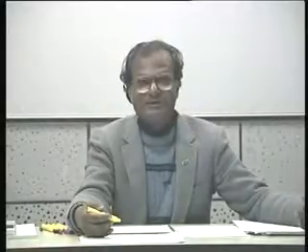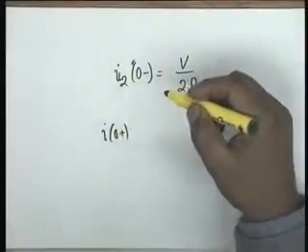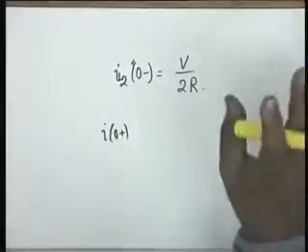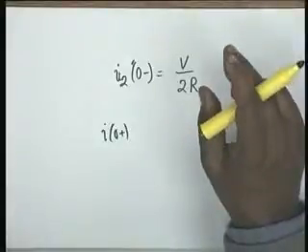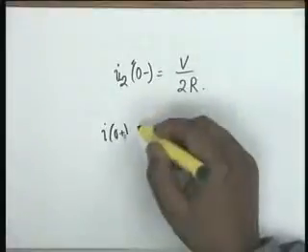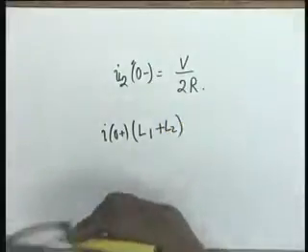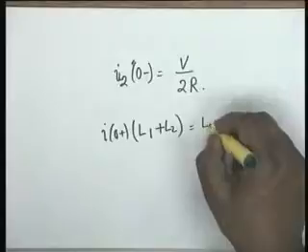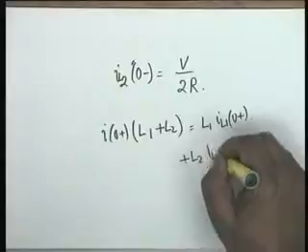Okay, so the condition, I have a few minutes now, I will allow you to solve the problem yourself, but the condition for finding I of 0 plus would be the principle which you have not utilized so far. What is that principle? Continuity of flux. Alright. Flux cannot be increased or decreased instantaneously, and therefore at 0 plus, I of 0 plus times (L1 plus L2) would be equal to L1 IL1 at 0 plus L2 IL2 at 0 plus.